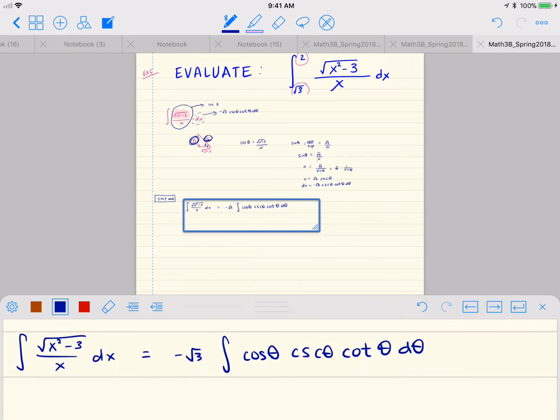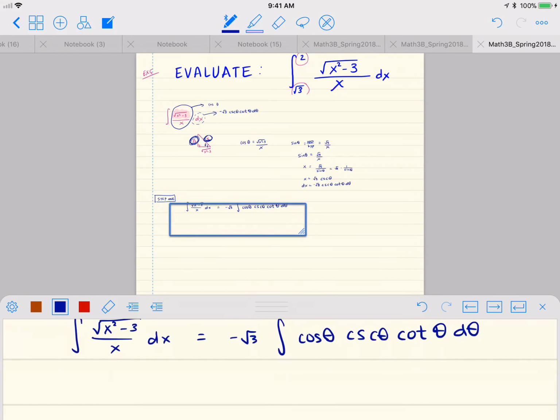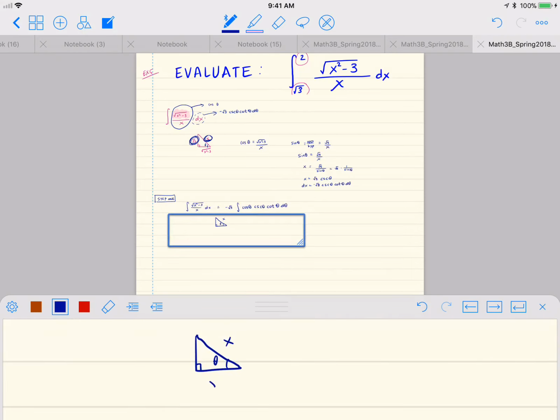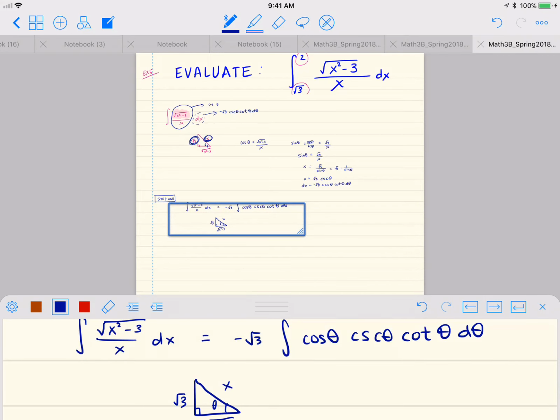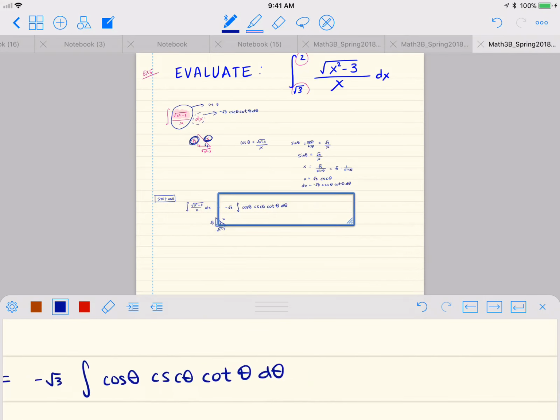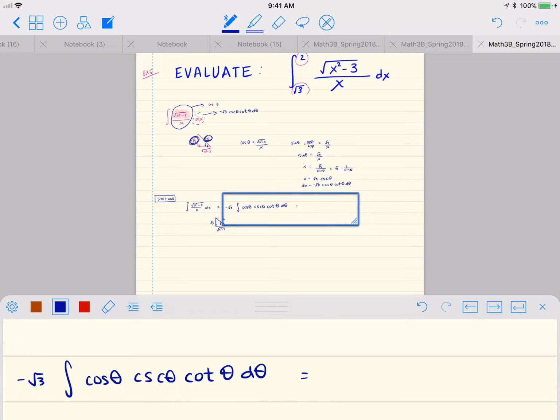And the triangle that I used for that has x as the hypotenuse, theta here, x squared minus 3 square root on the bottom, and square root of 3 over here. Okay. I can simplify this trig integral, so it'll be negative square root of 3 times the integral of cosine theta.